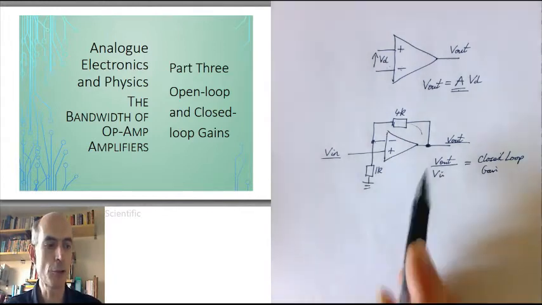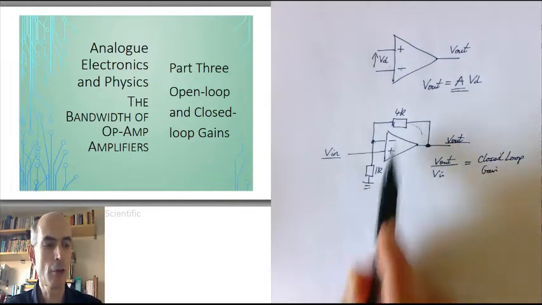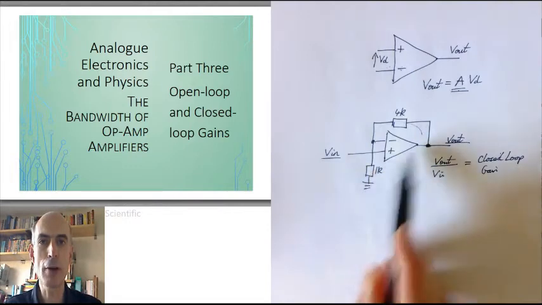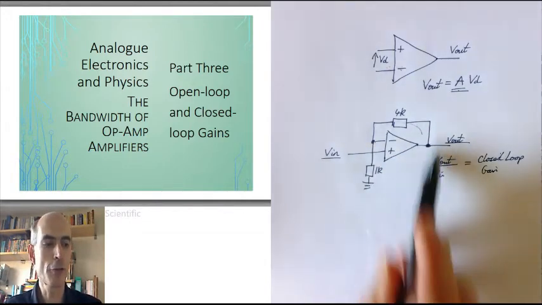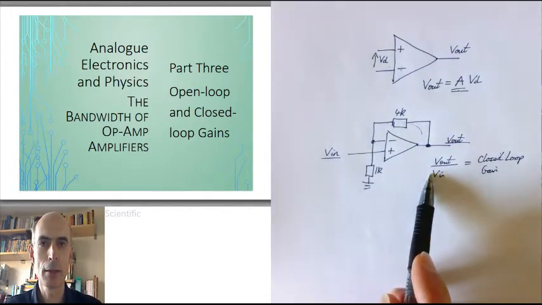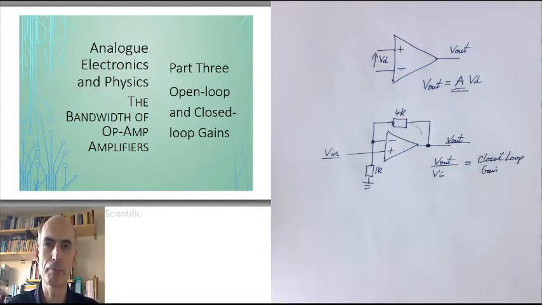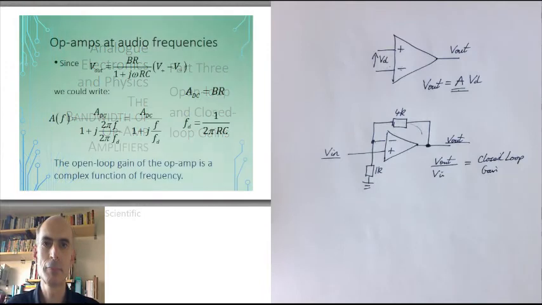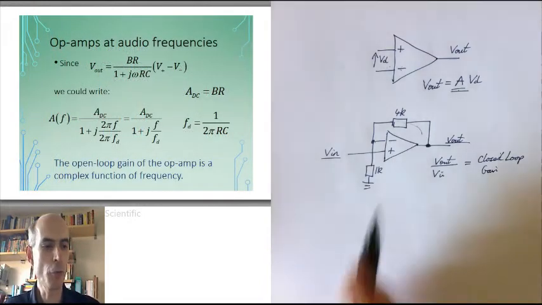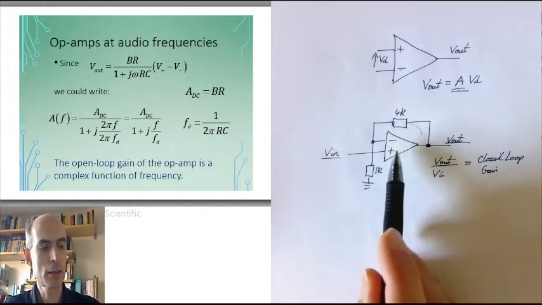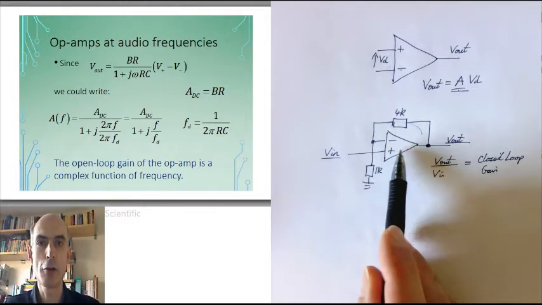Note that the closed loop gain is a function of the resistors that you place around the op-amp. It's a function of the whole circuit. The open loop gain is a function of the op-amp component itself. We derived a formula for the closed loop gain of a non-inverting amplifier like this before.